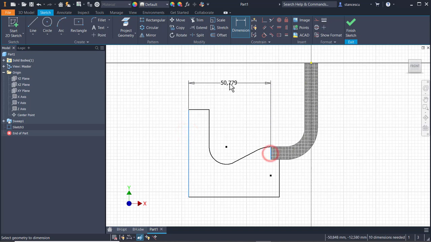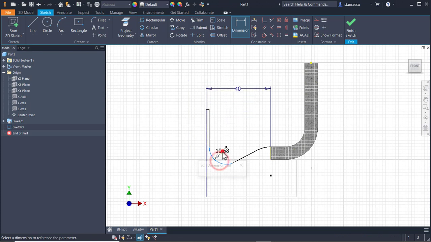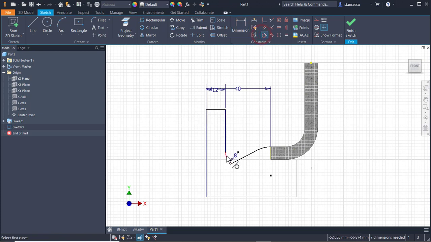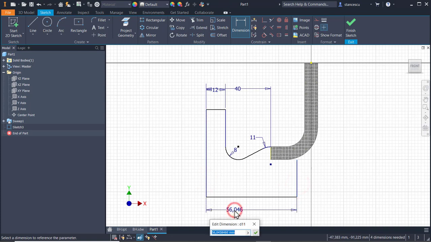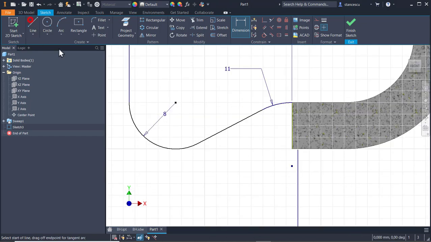This is 40. This is 8, 12, tangent here, dimension of 11 is this radius, 41, this, and a small connection line, horizontal, connected with this.